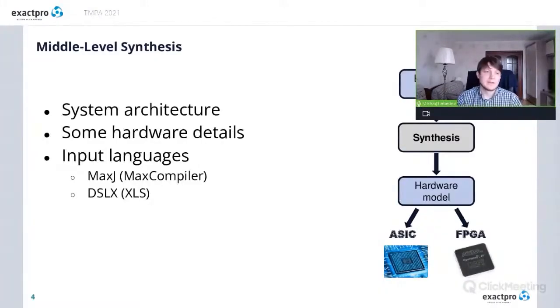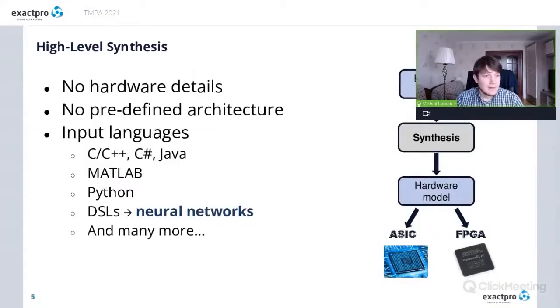So the next level is the middle level. Here, the input model usually represents the overall system architecture and maybe some hardware details, but low-level details are usually omitted. And the most abstract level is the high level.